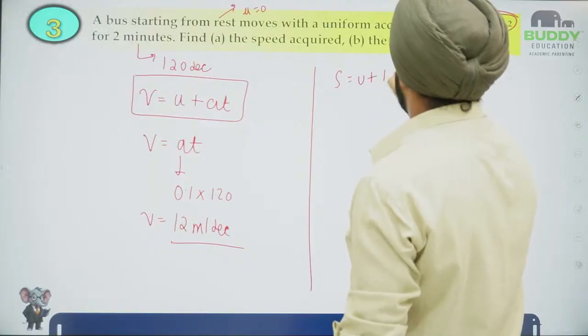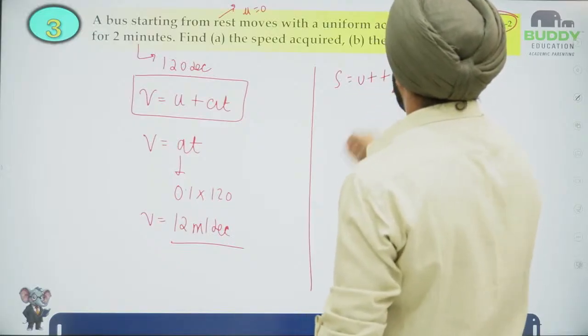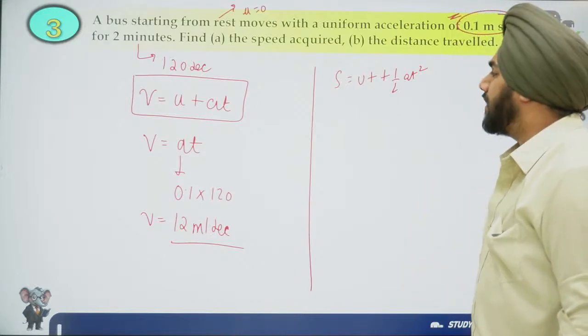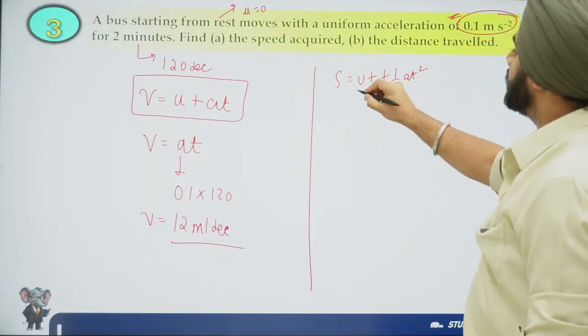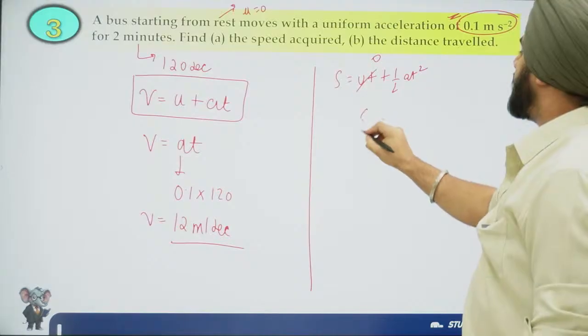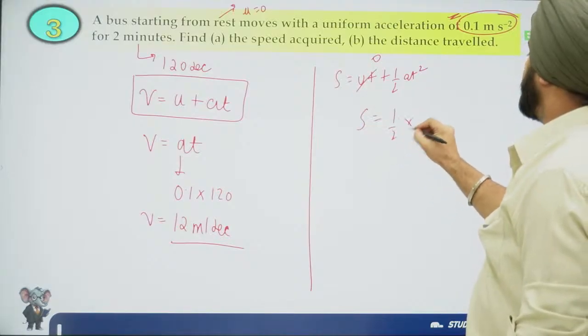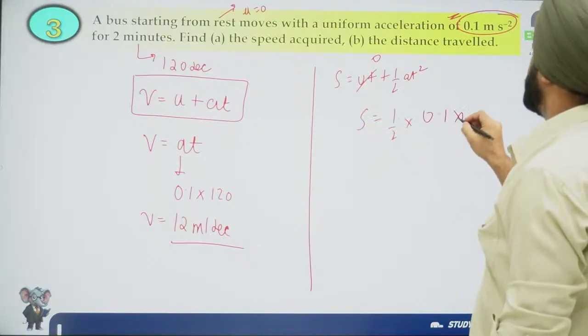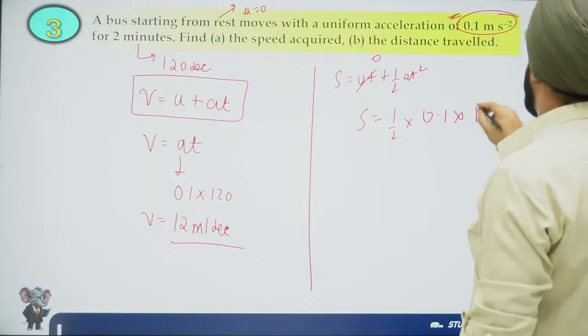And when it comes to the distance traveled, there you can use another equation of motion, s is equal to ut plus half at square. U is 0, so remove this. So s is equal to half into 0.1 into 120 square, right?